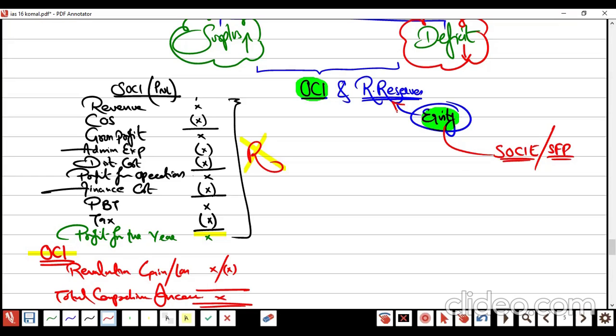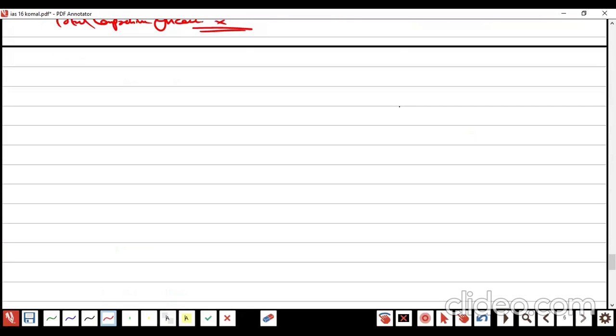Once you complete your profit for the year income statement, then you have a heading which is OCI, and under that heading you will write revaluation gain or loss. Any problem? Now, how to deal with it in the paper, we will discuss now. I gave you a handout in which we have some questions, and we will learn the logic of revaluation with the help of those questions.